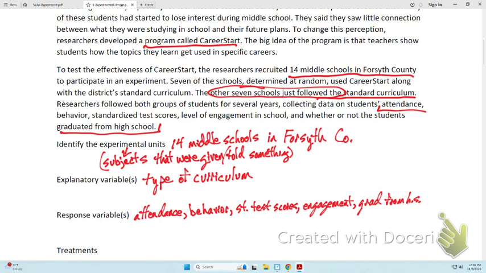It's just a control. They kept on doing what they had been doing, but yet they were still told that. So that still is listed among the treatments. So here I would say Career Start, and standard curriculum.